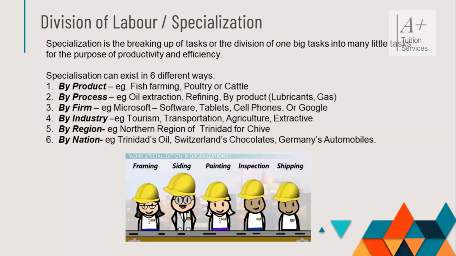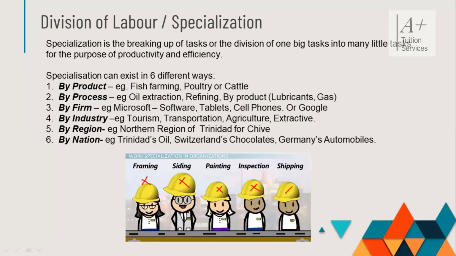Here we have a diagram at the bottom for work specialization. Each employee that I'm putting little X's by has a separate job to do to finalize one big task.